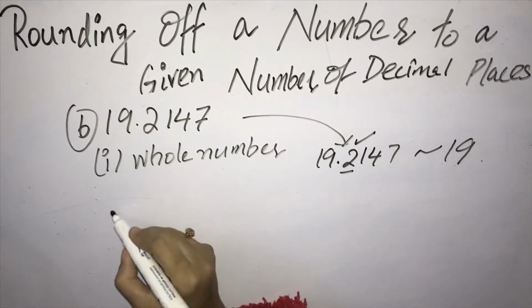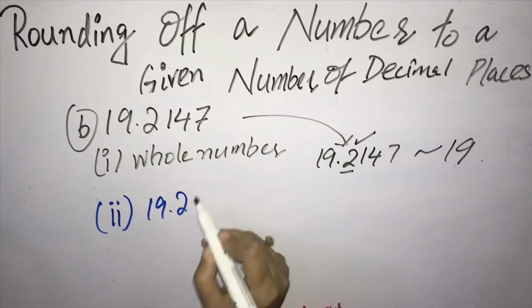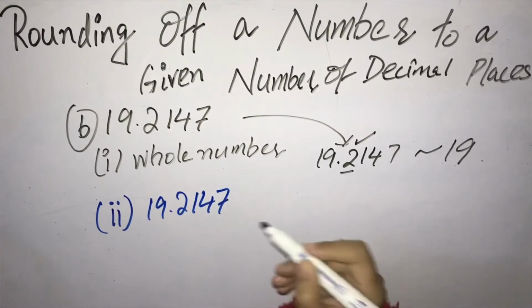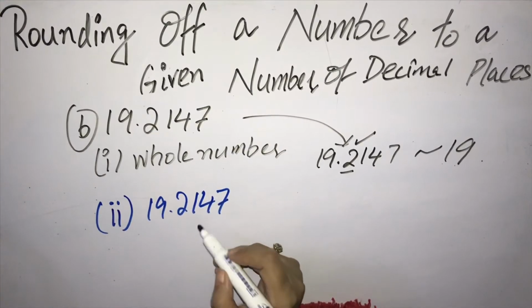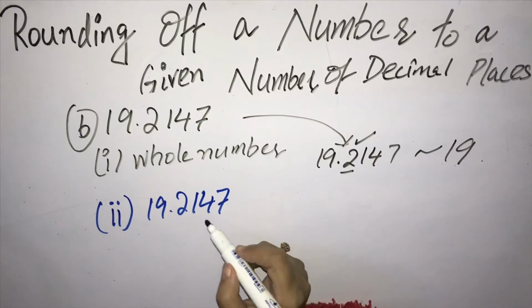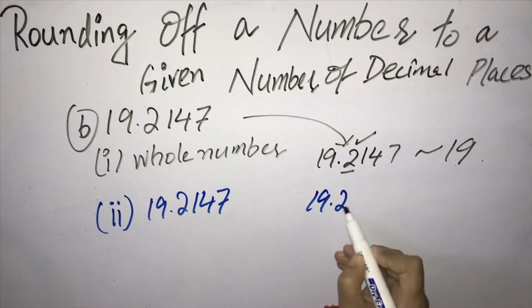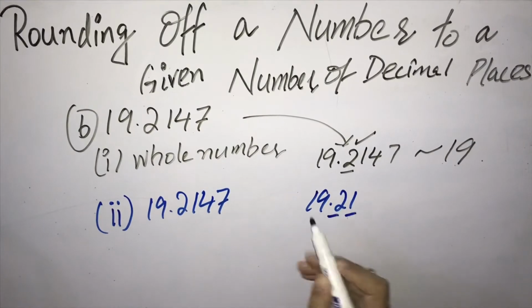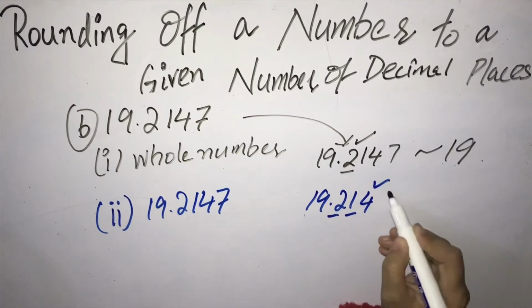If I have to convert the same number into 2 decimal places, or I have to round off this decimal number, which is right now having 4 numbers after the decimal, we have to give the answer in 2 decimal places. So what I will do, I will select the 2 numbers after the decimal and check the third one.